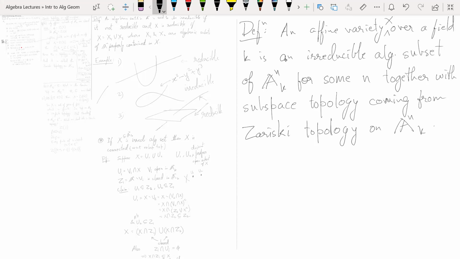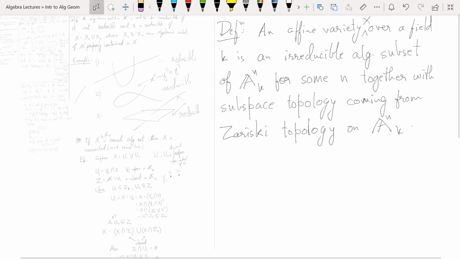So for instance, this second picture on the left will be an affine variety, and the topology on this affine variety will be the subspace topology. We will see that the closed sets on this will be points. I have drawn a real picture, but you should think of it as some sort of complex picture, some algebraically closed field.